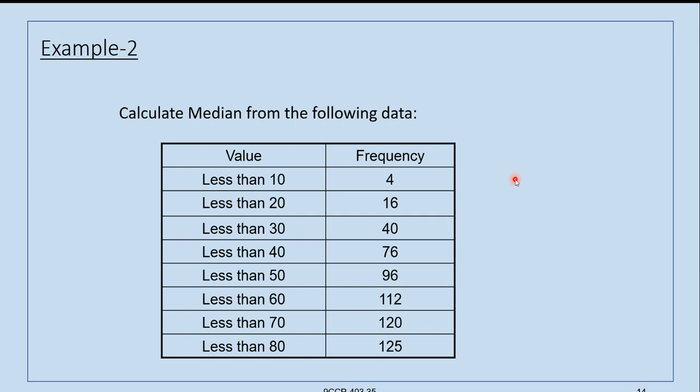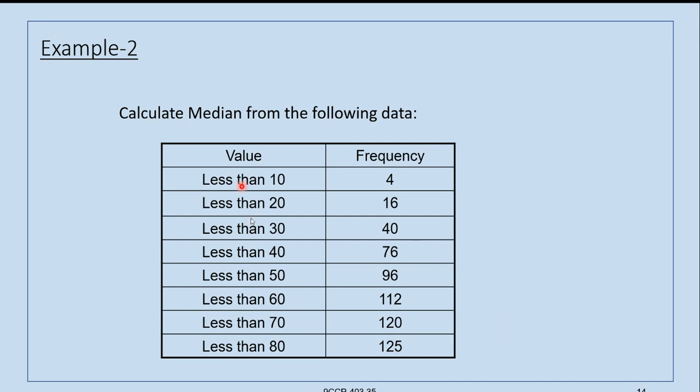Then in the second row we take 16 minus 4, here 40 minus 16, here 76 minus 40, here 96 minus 76, here 112 minus 96, 120 minus 112, and 125 minus 120. So this is the actual, simple frequency that we have to take.